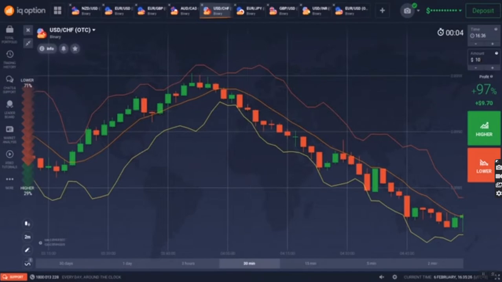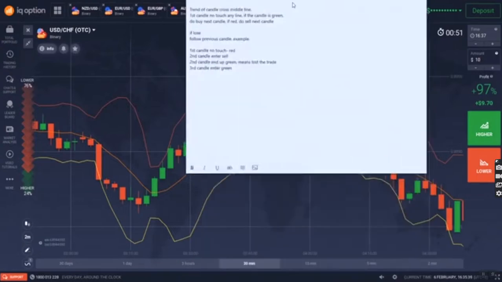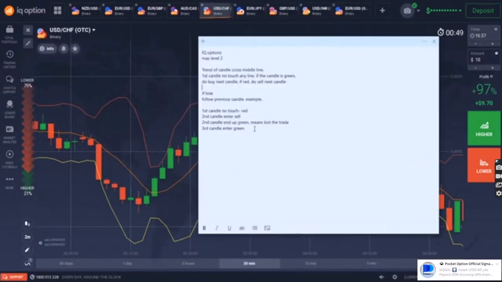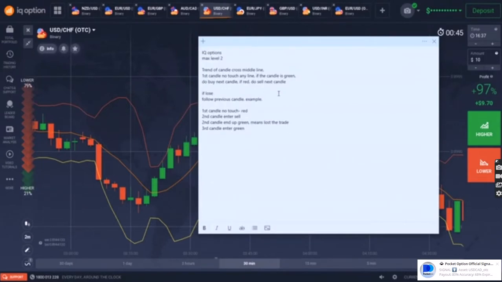Right now it can be a little bit confusing. Later I'll have a set of rules for you to download. Let me take out the notes. Try to understand this portion. I'll go through it over and over again until you understand this amazingly simple method. It's really so simple.